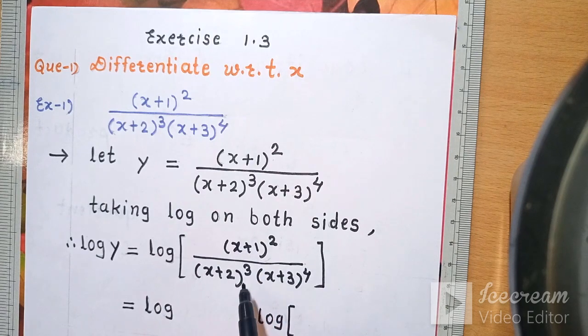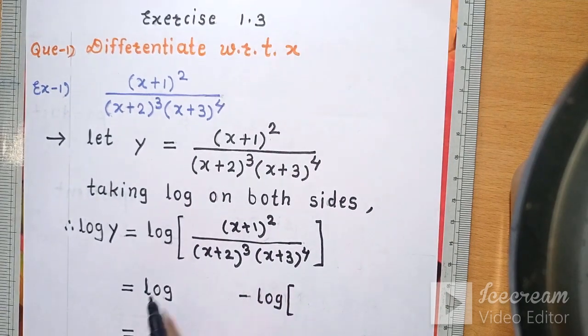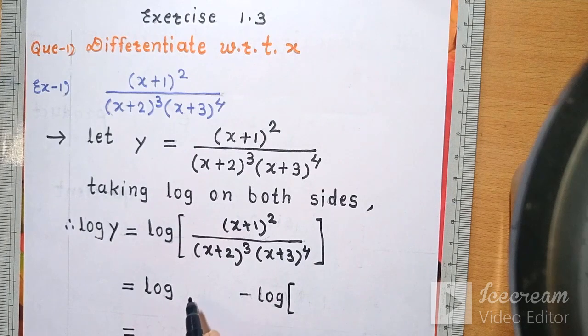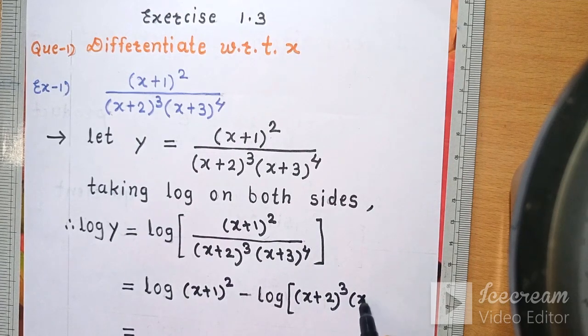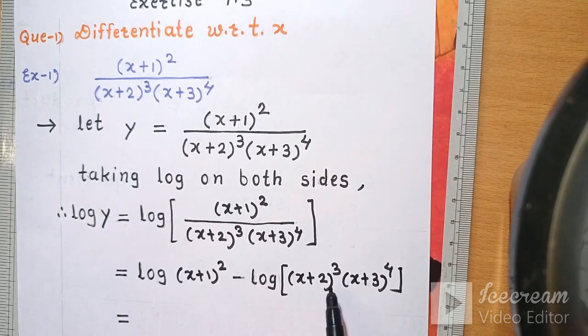Now again we can see division, so we write log of numerator minus log of denominator. So log (x plus 1) squared minus log of (x plus 2) cubed times (x plus 3) raised to 4. Now again there is multiplication, so by the rule of log, addition of logs, and another rule: if an index is there, you have to take it in the front.